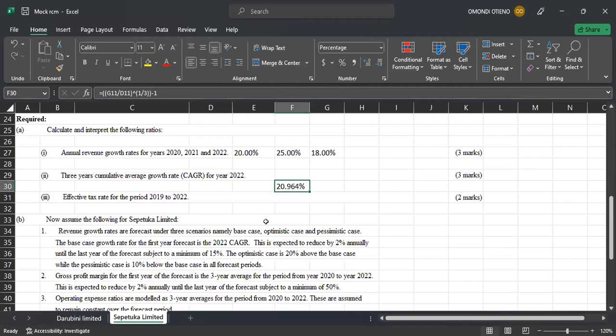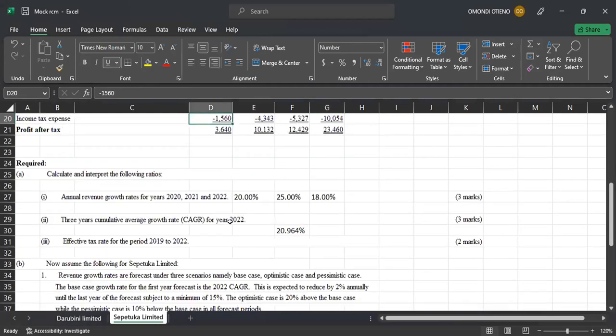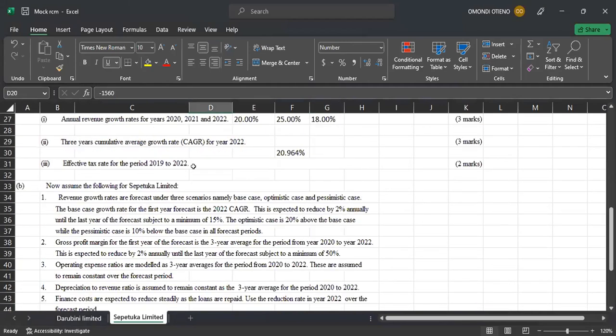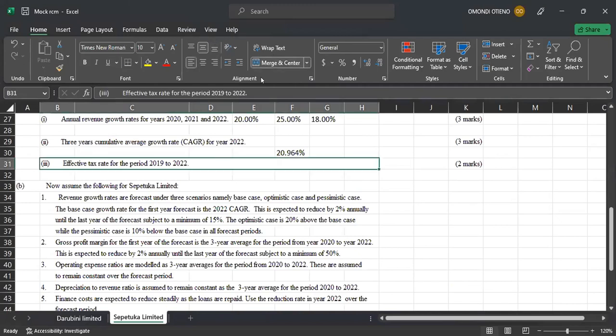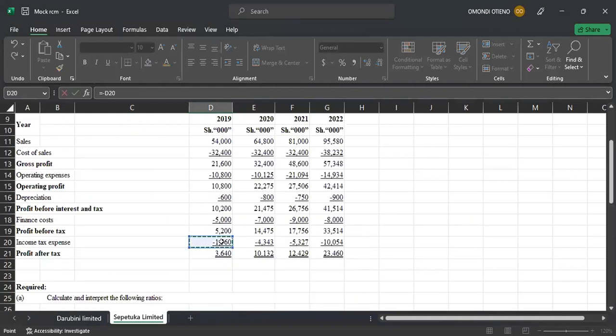Now from there, we look at the effective rate for the period 2019 to 2022 tax rate. Is there somebody who knows how to get the tax rate? Let me see how they're getting the tax rate. Evelyn already has the tax rate. You take the tax paid, go back there, Omondi, and show them where the tax paid is. Income tax divided by PBT.